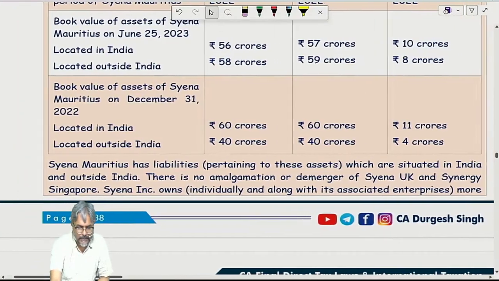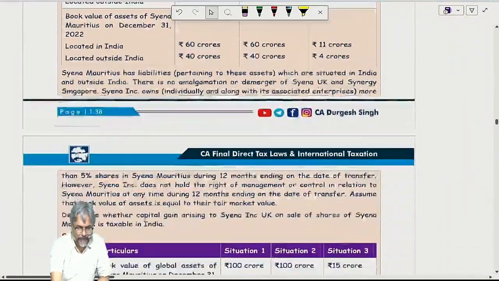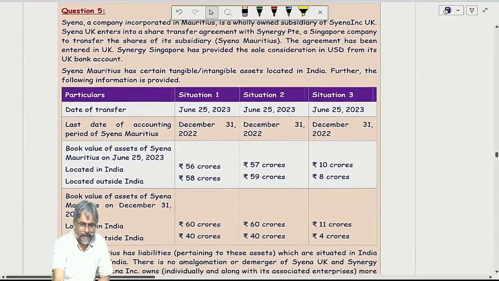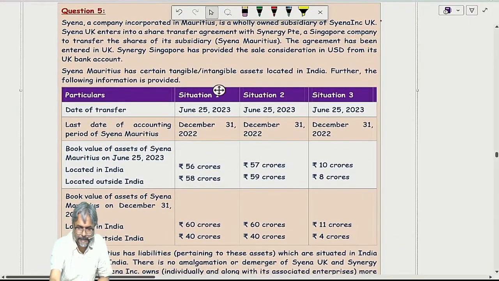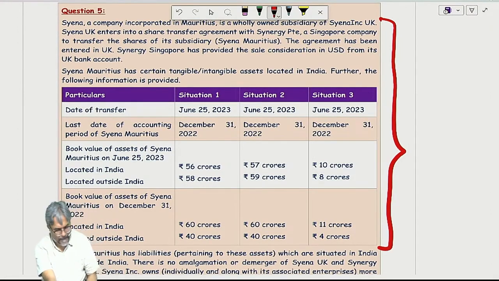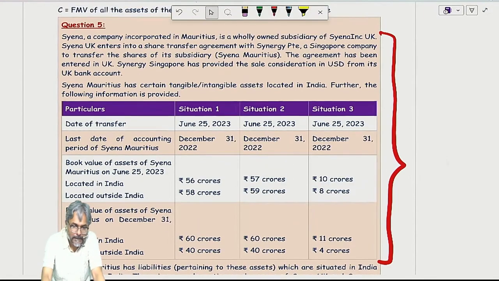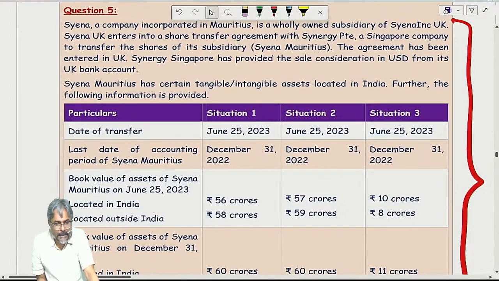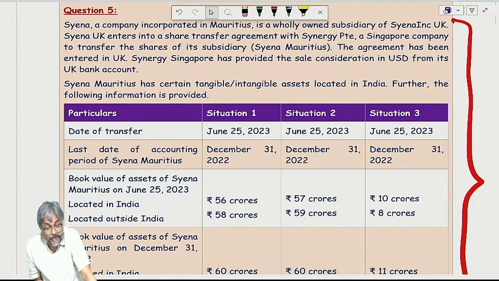Students, you will only read it up till here. Based on that only you will conclude. So, Sienna, a company incorporated in Mauritius, is a wholly owned subsidiary of Sienna Inc. UK.